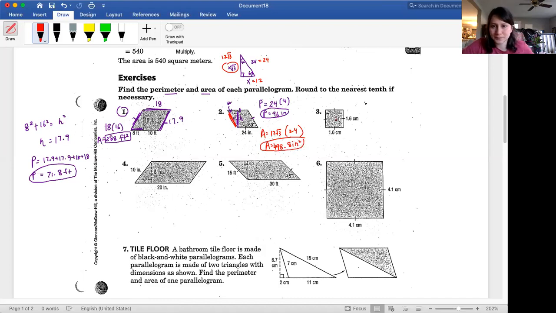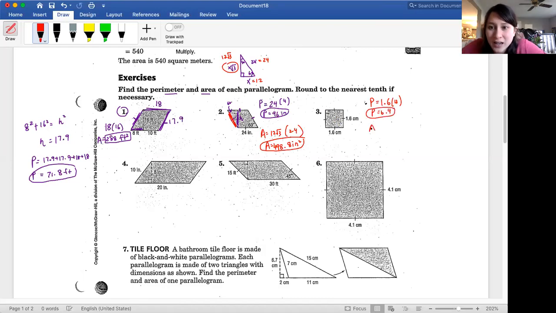Number 3. It's a square, looks like, right? So the perimeter, same idea as number 2. I would just add all the sides, but there's 4 of the same side, so I could just multiply that by 4. So 1.6 times 4 is 6.4. Done with that, which is nice.